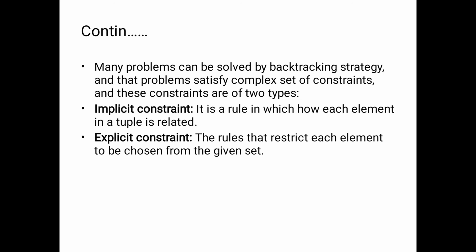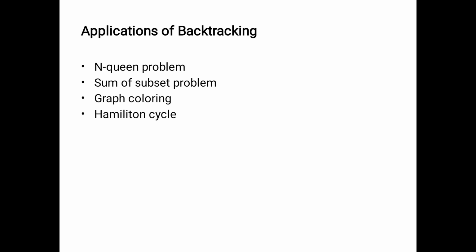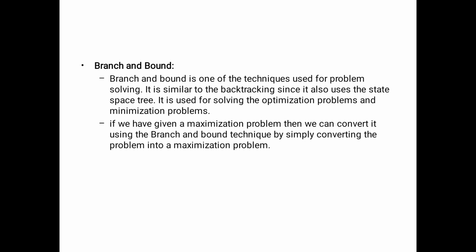Implicit constraint relates to how elements of the tuple are related. Explicit constraint restricts each element to be chosen from a given set. Applications of backtracking are the n-queens problem, sum of subsets problem, and graph coloring.